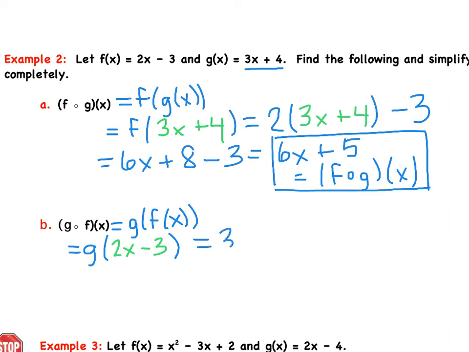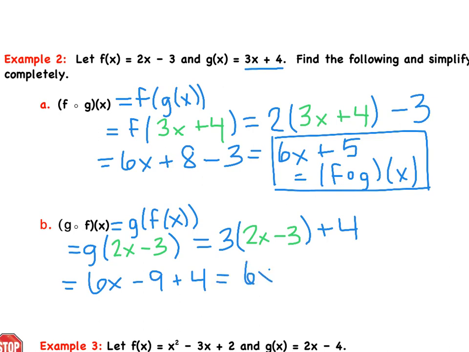So take a look: 3 times 2x minus 3 plus 4. Now I can solve by first distributing the 3, combine like terms. And 6x minus 5 is equal to g of f of x.